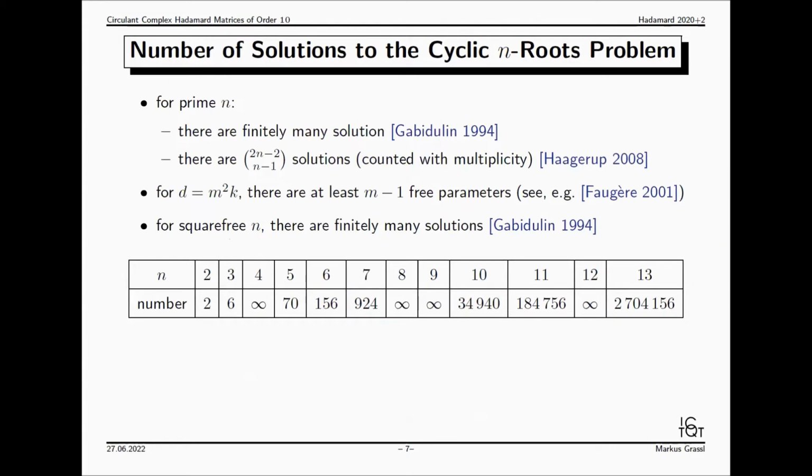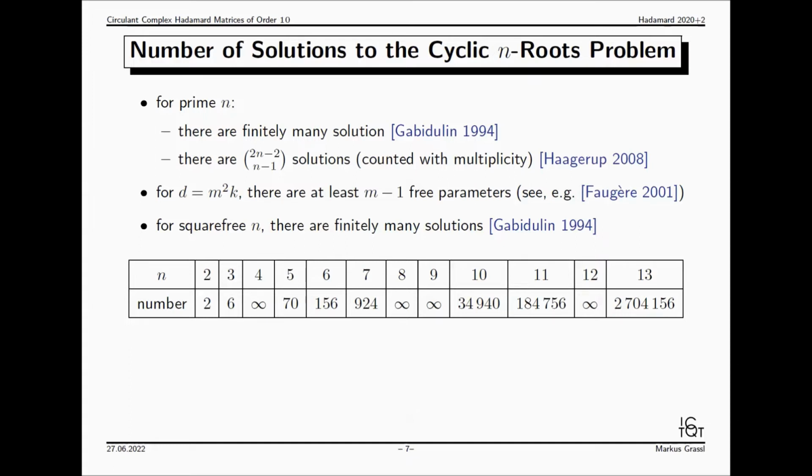So the question now is, how many solutions do we get as a system of algebraic equations? And what is maybe not that well known in this community, there is Jørgen Backelin, who is more from coding theory and sequences. He looked at this very early. He made the statement that there are only finitely many solutions. When I looked at his papers, he also says he knows how to compute, but he didn't give the formula.